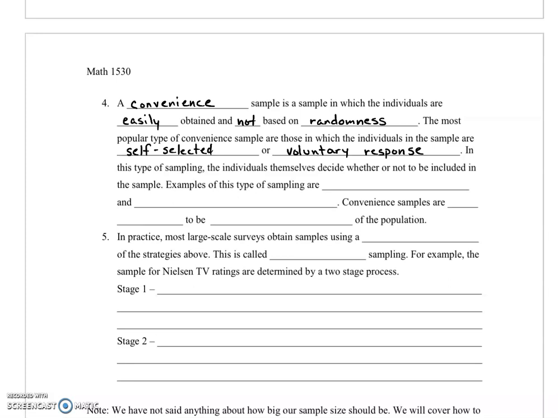So examples, as we've said, of this type are internet polls, or the kind where you call into a news station, or even where they call you and ask you to do a survey. You decide whether or not you want to do that, and so either you answer the questions or you hang up on them. So convenience samples are not likely to be representative of the population.